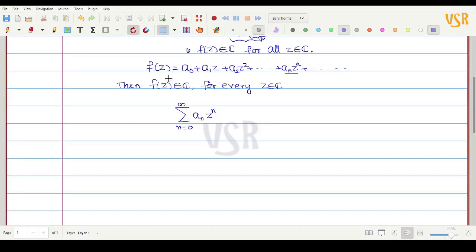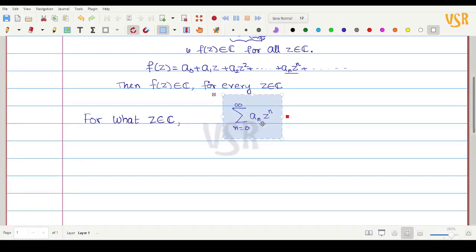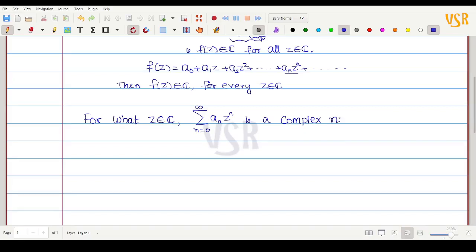For what z belongs to C is this a complex number? That is the question. So for which z will this be a complex number?